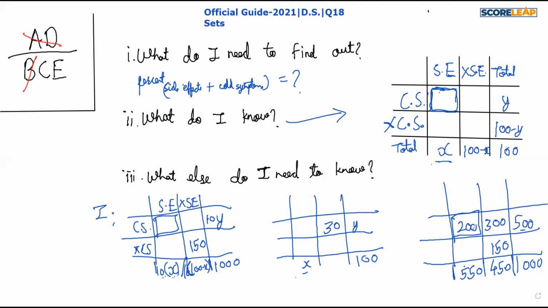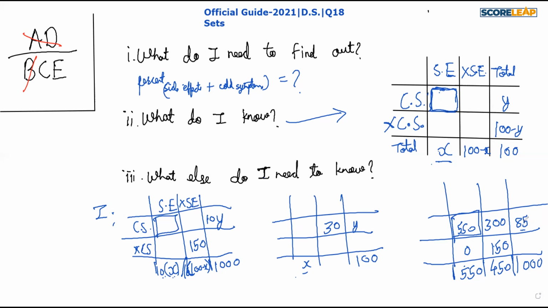These are the possible values of Y, and it can go up to 550. If this is taken as 0, this is 550, and Y can be 850, which is 85%. So Y can be 85% also. Here X is 55%, which we know.